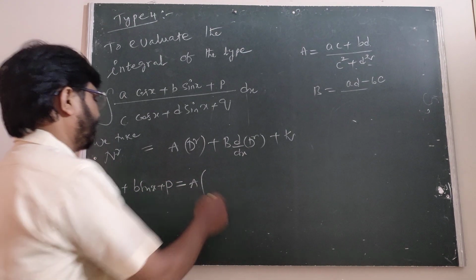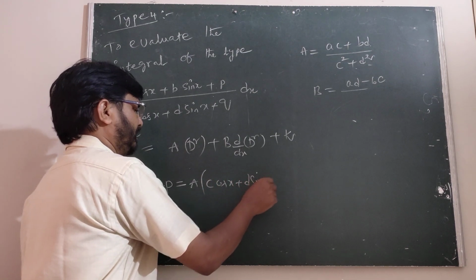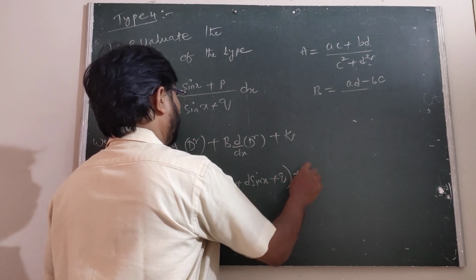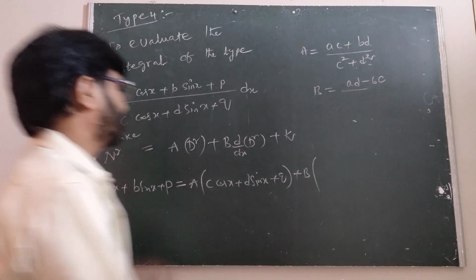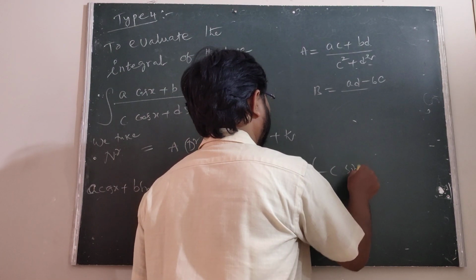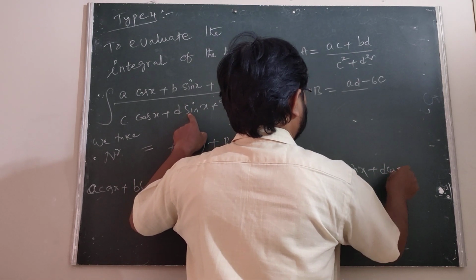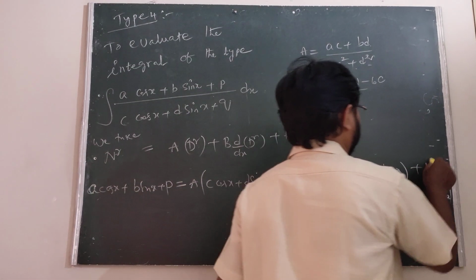A into denominator is c cos x plus d sin x plus q. B into derivative of the denominator: the derivative of cos x is minus sin x, minus c sin x. The derivative of sin x is cos x. The derivative of q is 0. Now this is the k.